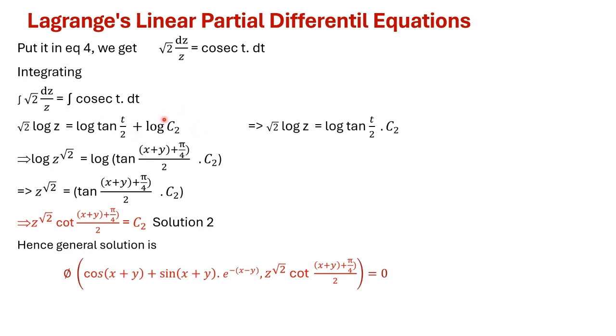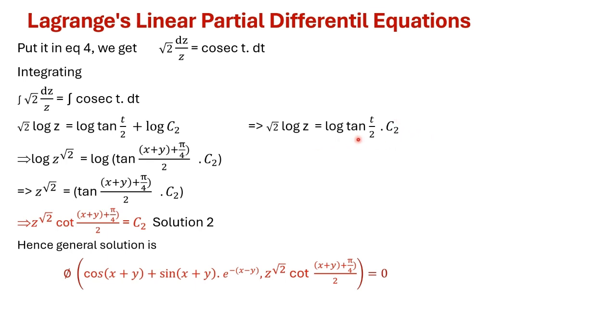Now here we have root 2 log z, and this log term and this log, due to the log property, will become log of tan(t by 2) into c2. Okay, now we got this. So here now we'll be putting the value of t.